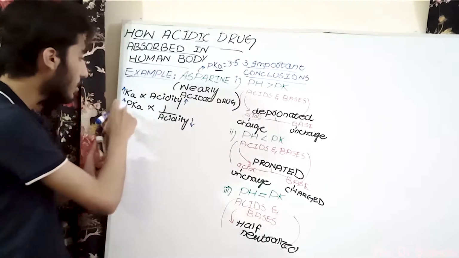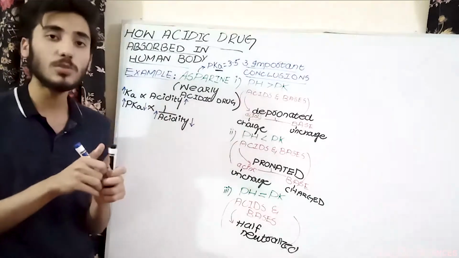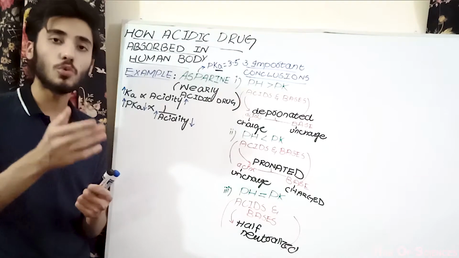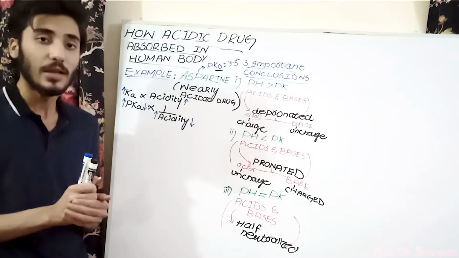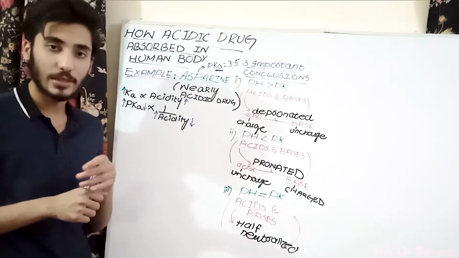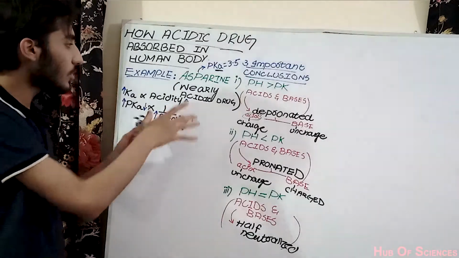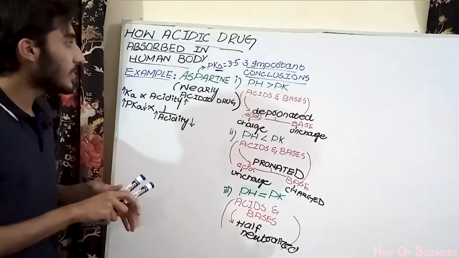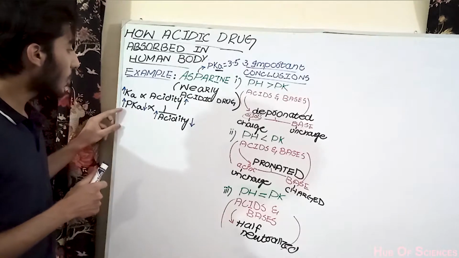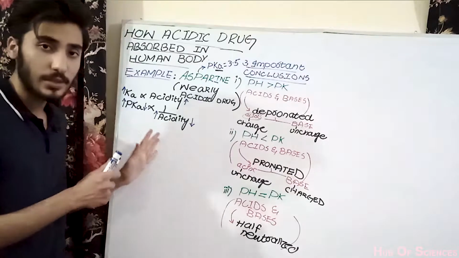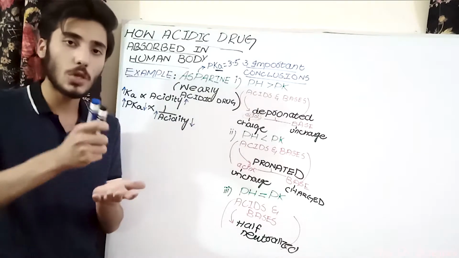But when its pKa is small, its acidity will be large, meaning it is more acidic, with a pH closer to 1, 2, or 3. If the Ka value is high, the acid will be strongly acidic. So aspirin is a weakly acidic drug because its pKa is 3.5, which is not very small, so it is acidic but not very much. This is weakly acidic.